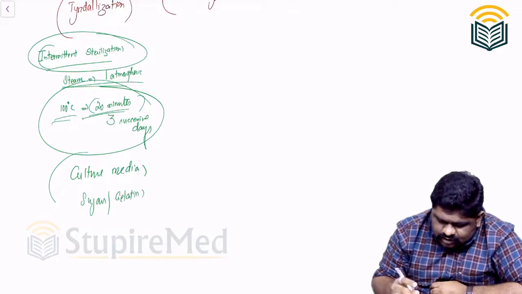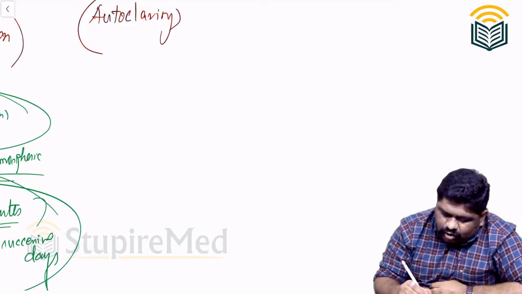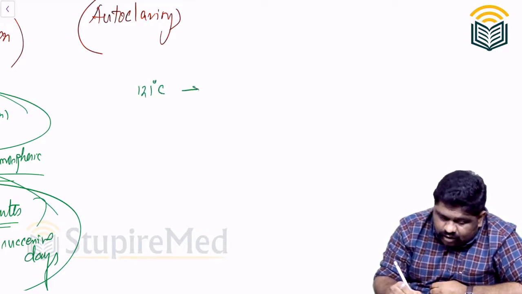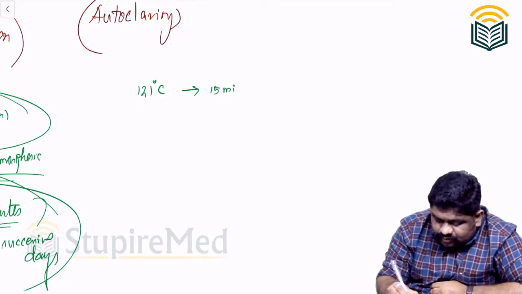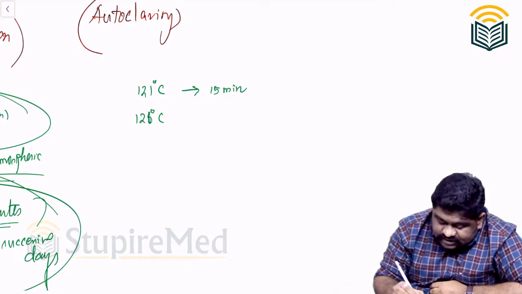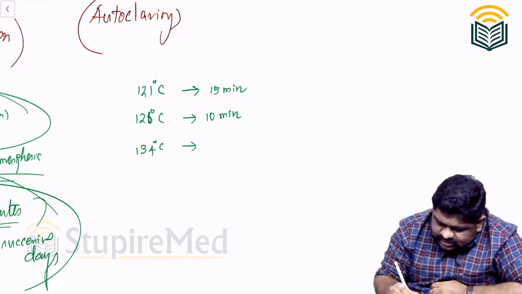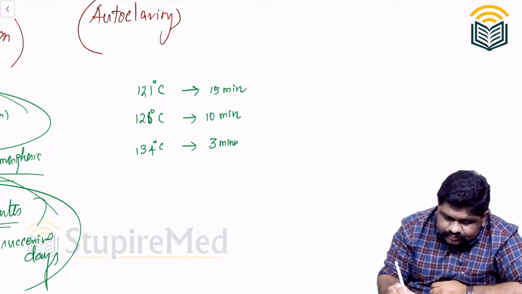The third and the final one is autoclaving. Here I can look for autoclaving at 3 different temperatures. One is 121 degrees for 15 minutes. The other will be 126 degrees for 10 minutes. And the third will be 134 degrees for just 3 minutes.